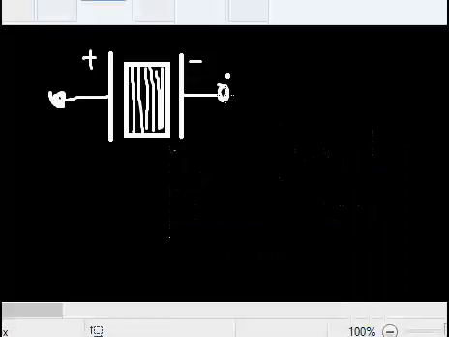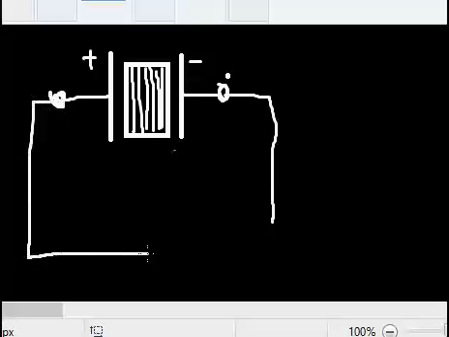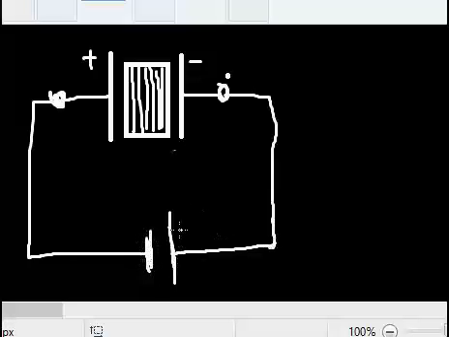How do I create the electric field? I need to supply this capacitor with a potential difference from a direct current source, which here is a battery or a cell.